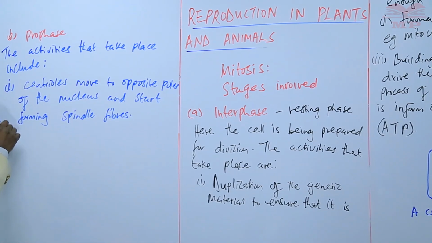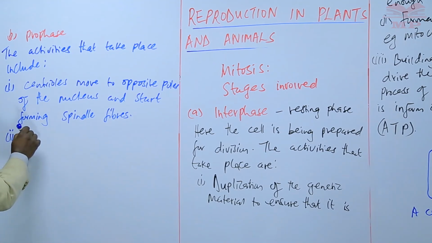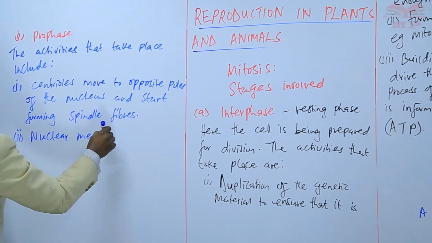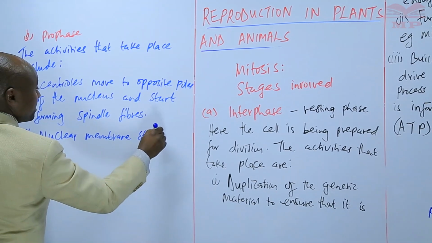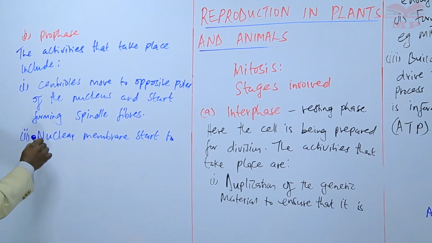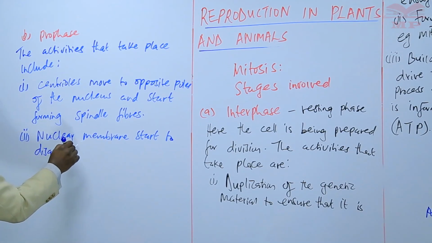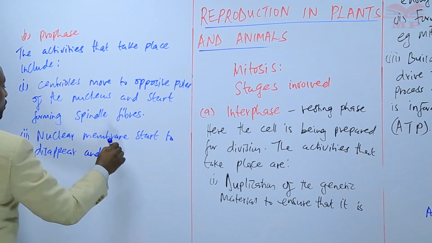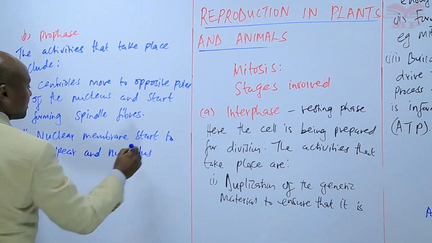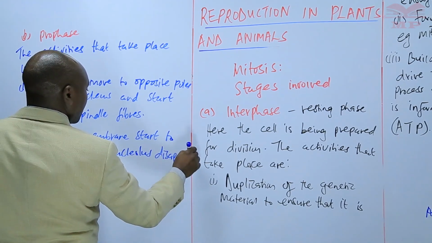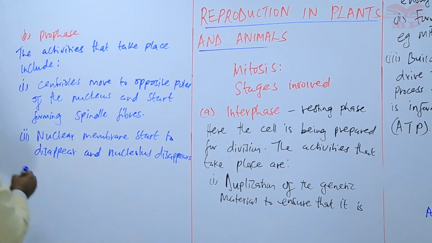Number 2, another activity that happens is that the nuclear membrane starts to disappear. We will later see why it needs to disappear. And the nucleolus disappears. So the nucleolus also will disappear.